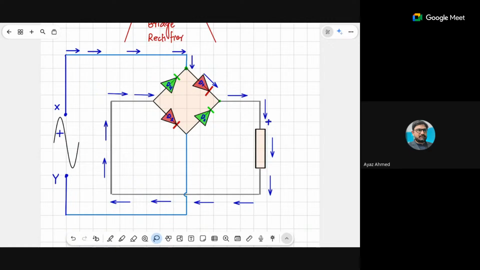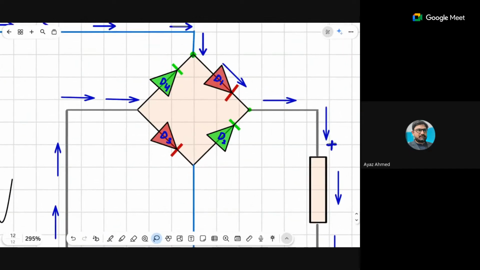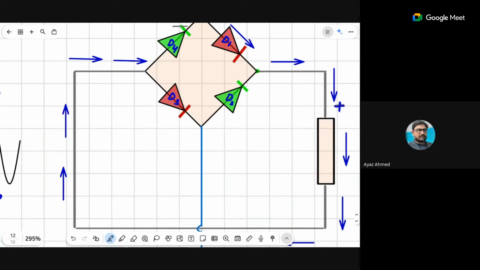Okay, diode number 3 will work, because diode number 4 has a little positive at the output. That is why it will not work as forward bias. So your diode number 3 will work, and that is why your current will flow in this diode in this way.